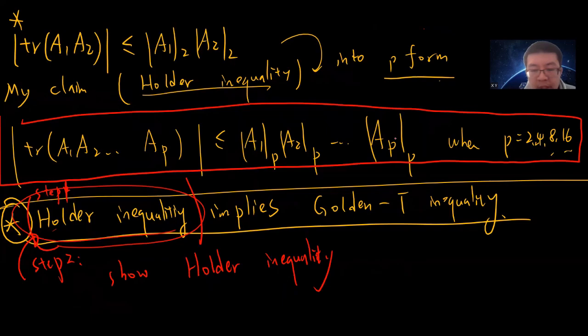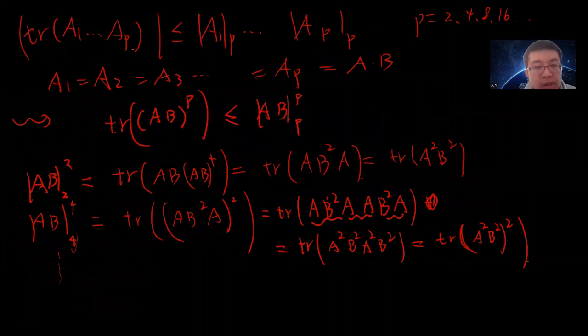And I claimed that this Hölder inequality implies the Golden-Thompson inequality. The proof is very simple: just set all of A1 up to AP to be A times B. So the trace of AB to the power p is basically the p-norm of AB, to the power p.